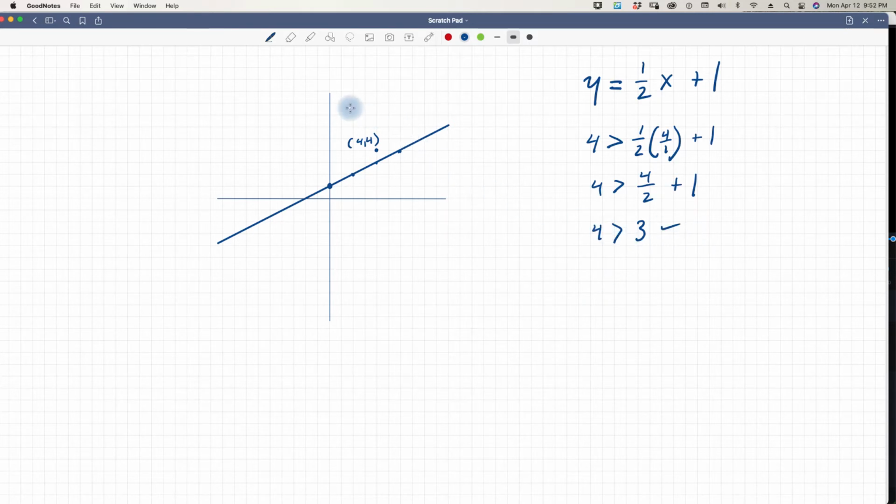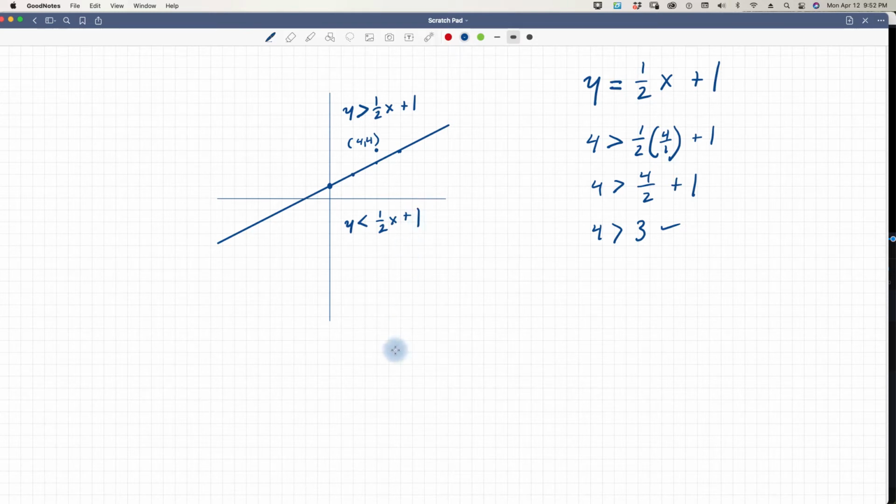So on this side of the line, y is greater than 1/2 x plus 1. We know that the line itself is equal to 1/2 x plus 1. And then by process of elimination, we know that below the line, y is less than 1/2 x plus 1.